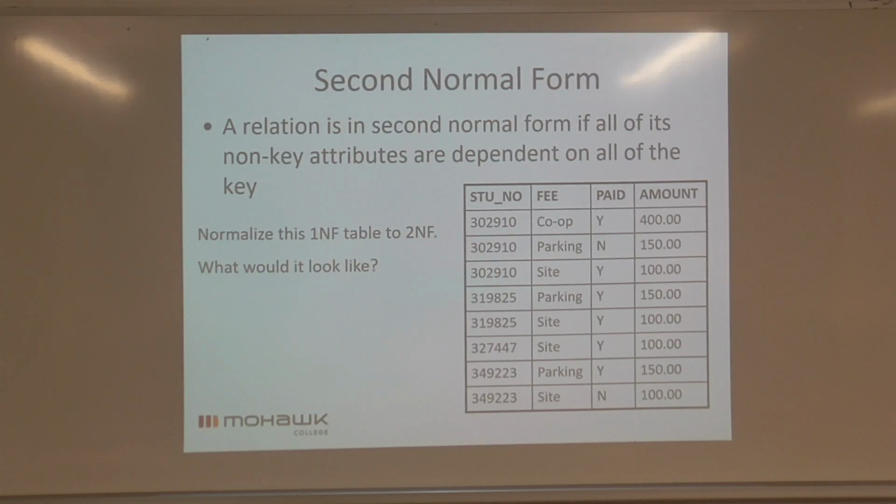We want all attributes to be dependent on the keys. How do we go about doing that? First, we need to decide what is dependent on what, right?